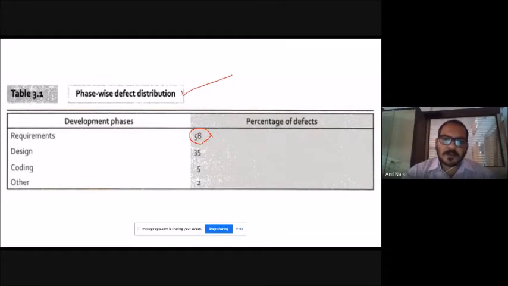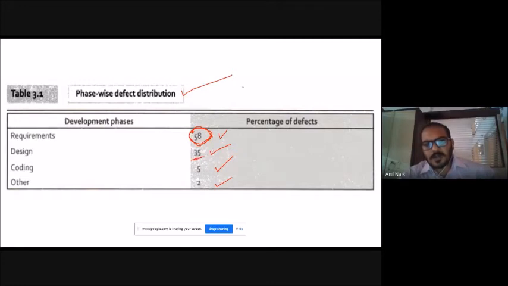In the requirement phase, a larger number of defects may arise, and in the design phase, less, around 35%. Then the coding phase, then at maintenance or at the customer side, 2% errors.